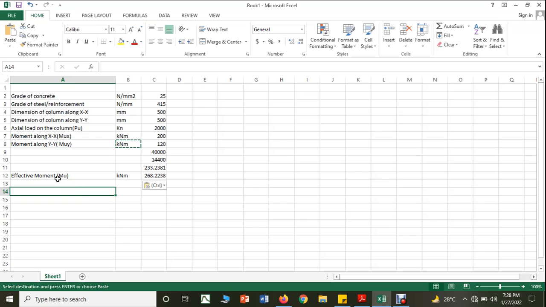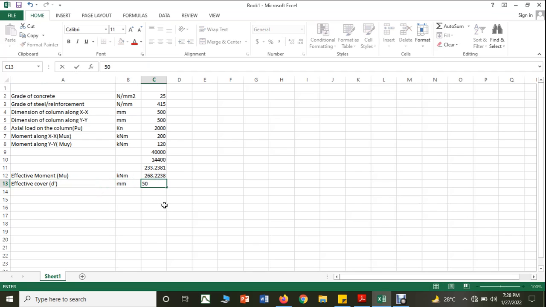So let us assume the effective cover. Effective cover, d dash, in mm, I am going to take as 50 mm.